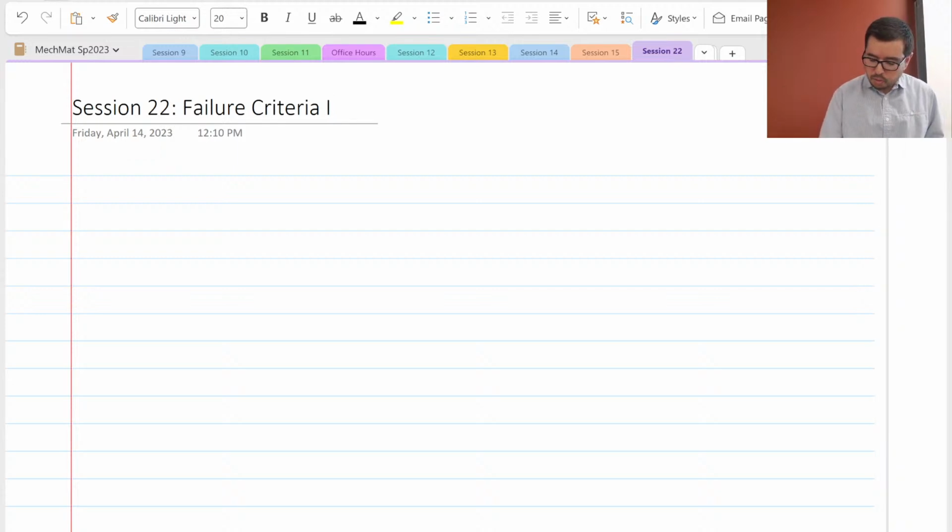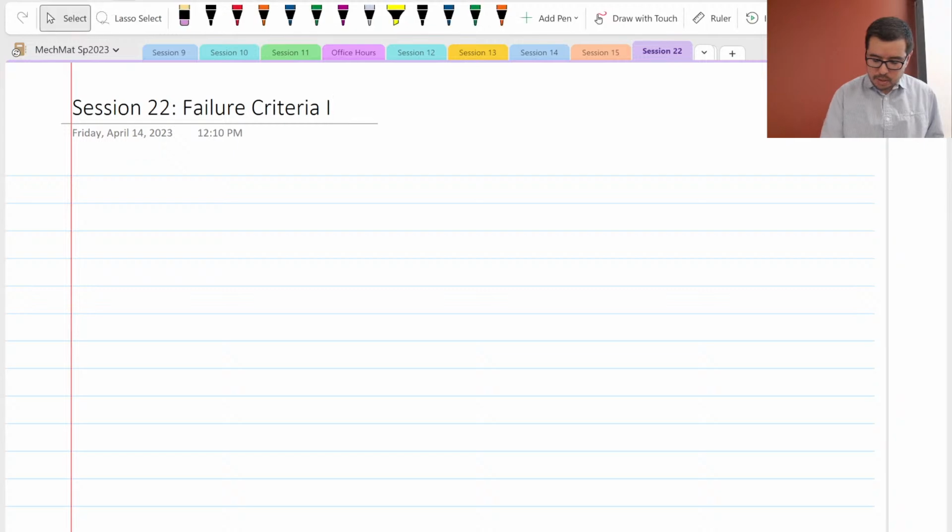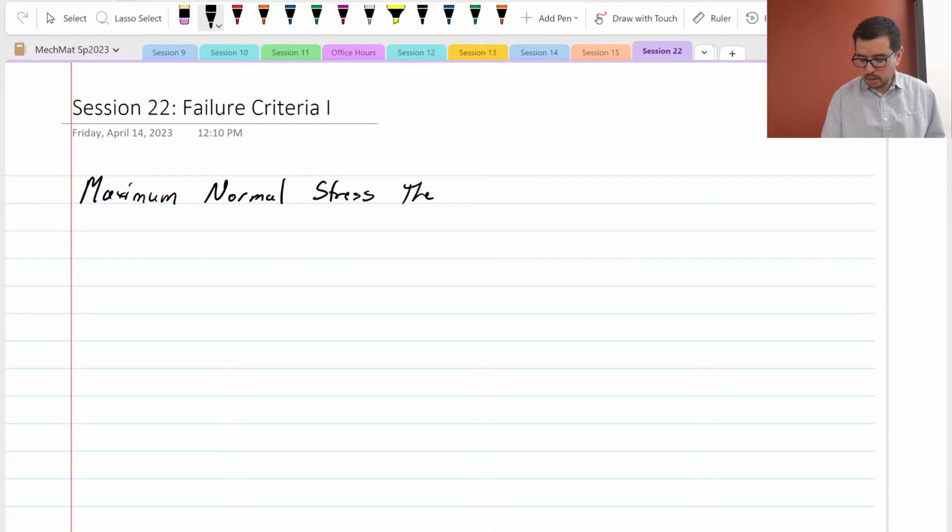So for maximum normal stress theory, there are a couple of ways to approach this. One is through Mohr's circle, and the other is through what are called sigma 1, sigma 2 plots.